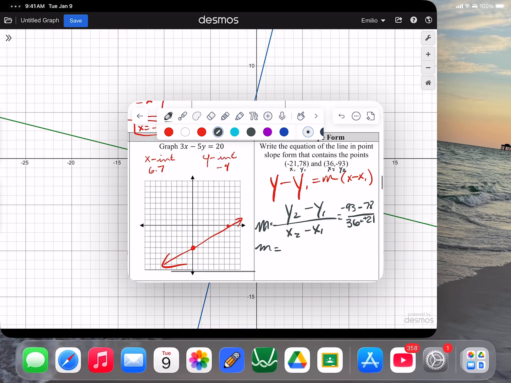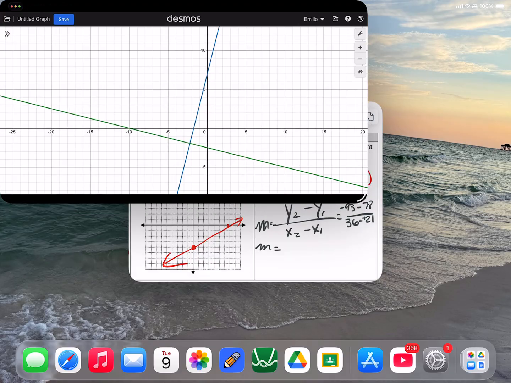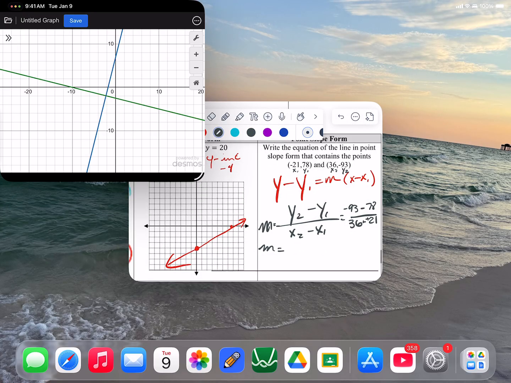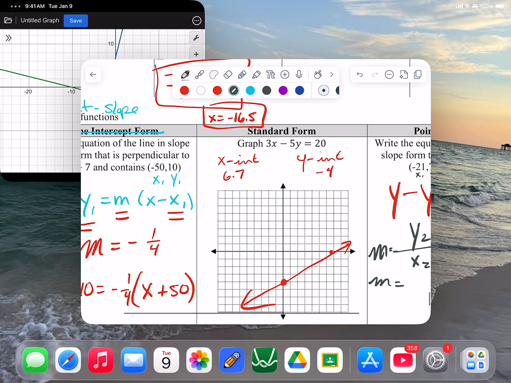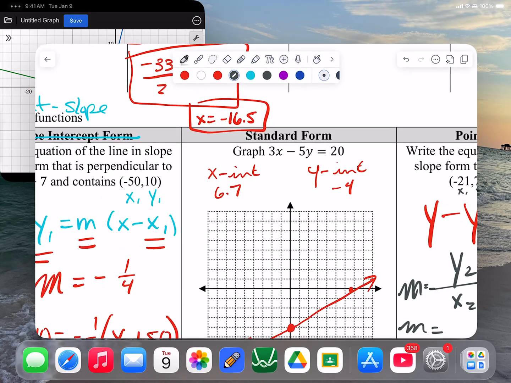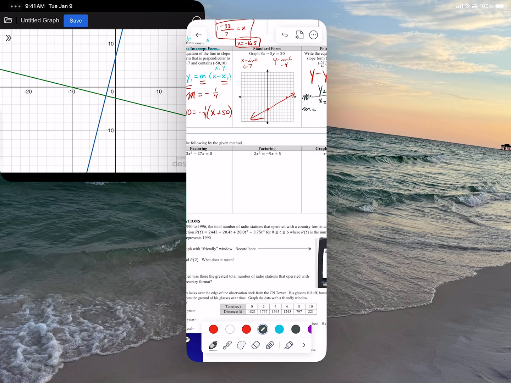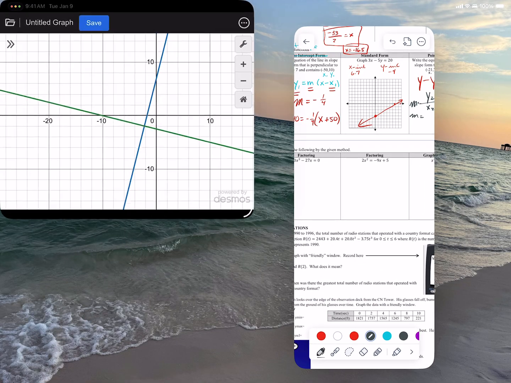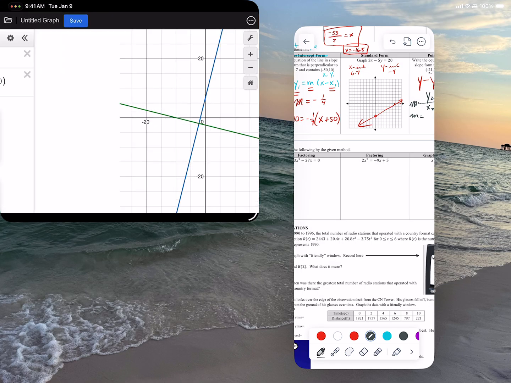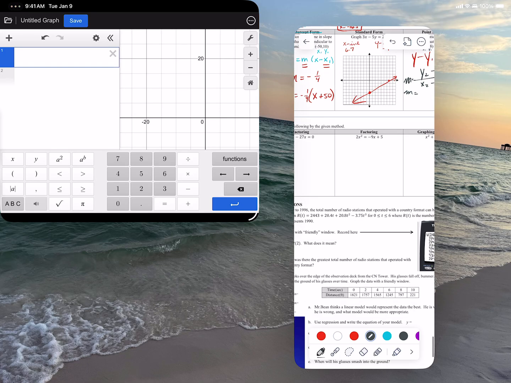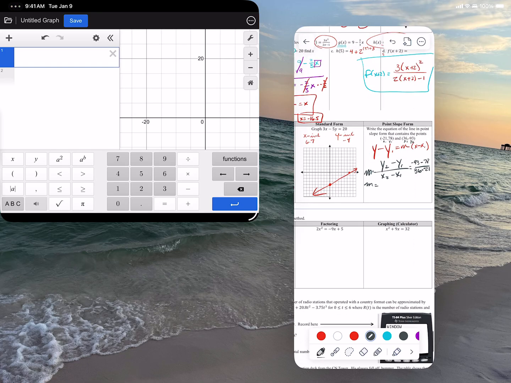Let's see, let's pull up Desmos real quick. Okay, there we go. Where are we? Oh, here we go.